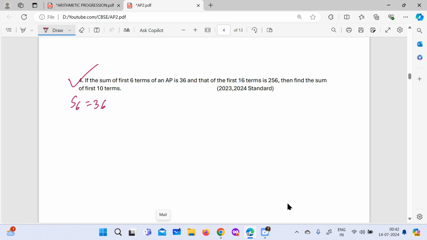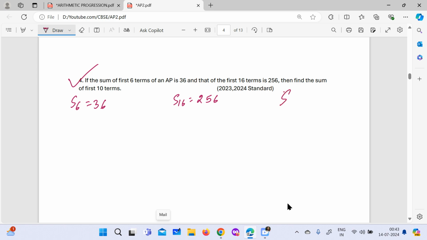So you can say S16 equals 256. Okay, now your question is then find the sum of first 10 terms.